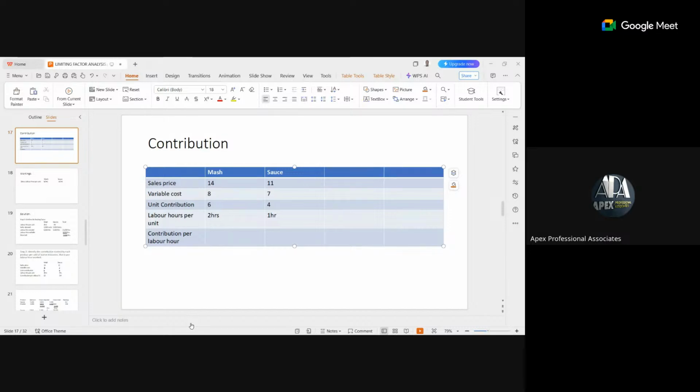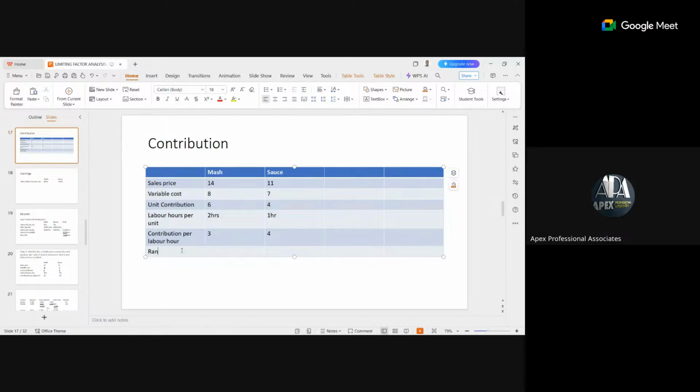For mesh, it will be $3, and for source, it will be $4: 6 divided by 2 and 4 divided by 1. So it's on this basis that you can now do your ranking.